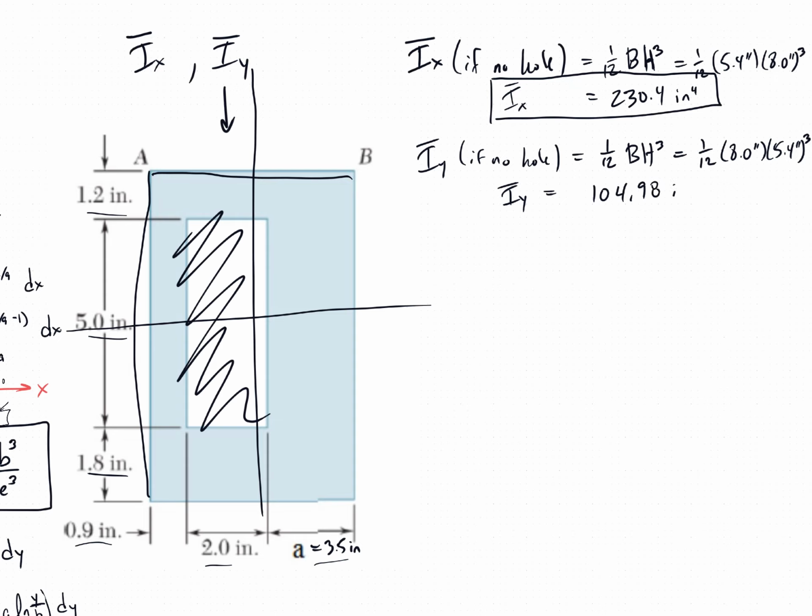Again, these answers are not important. They just give you an idea of what we should expect. We should expect our Ix and Iy to be smaller than this, because we're just going to remove a piece of it. Just something to think about.